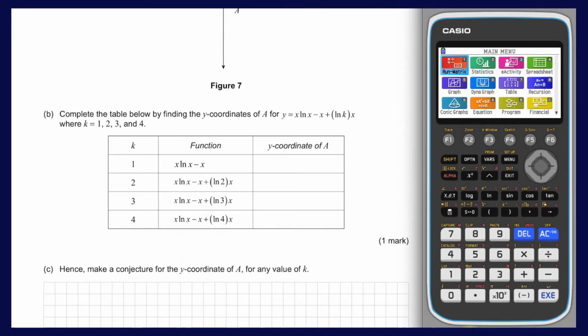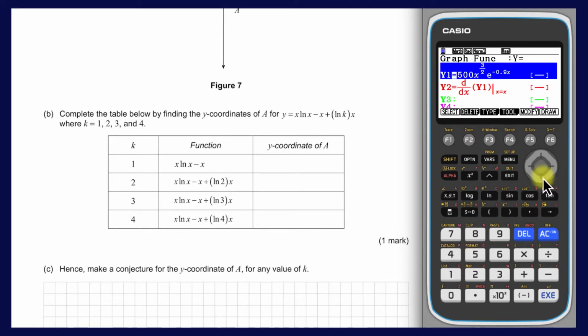Now we have a family of functions of the form y equals x ln x take x plus ln kx. So a variation on the function we started off with. And we have k taking a range of positive values. We're going to generate a table of values here. Let's do that using the graph mode of the calculator.